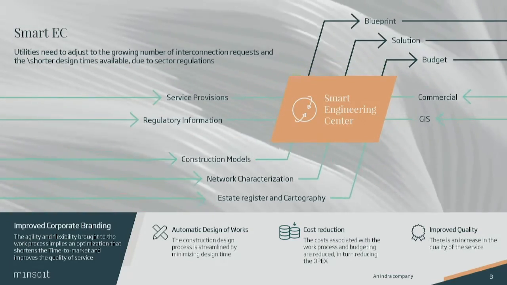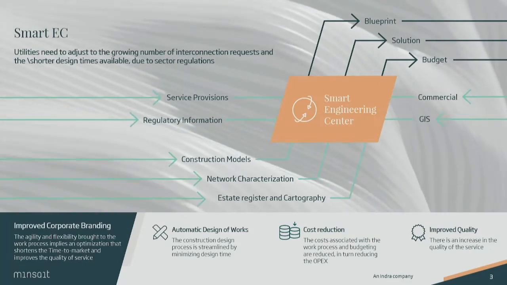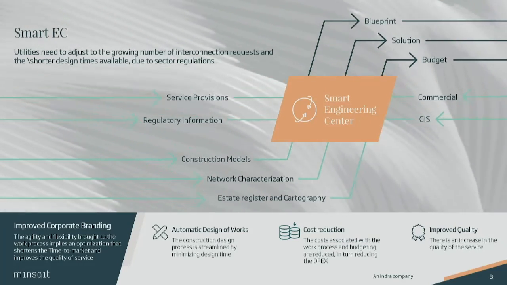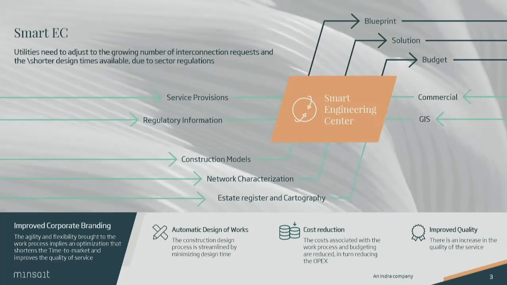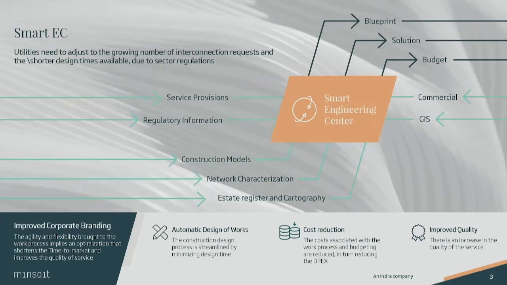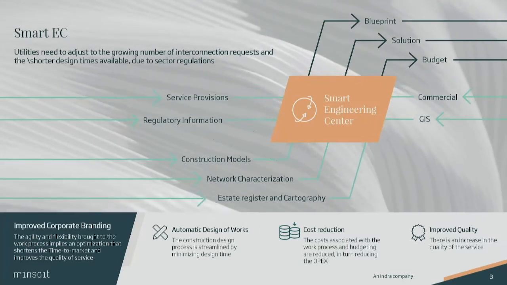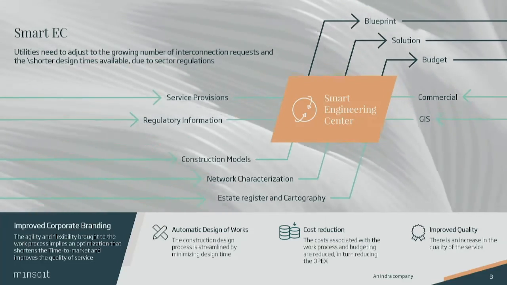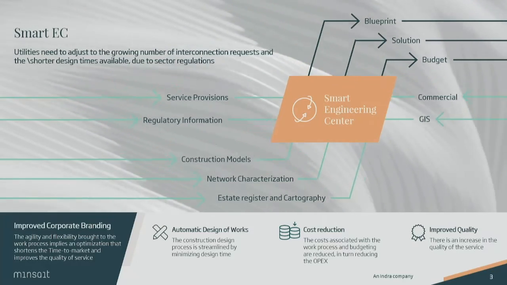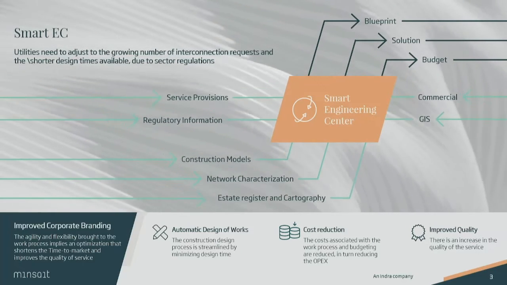The network characterization, so a specific area where that part of the network is to be extended. The state register and cartography, that is property of the county, for example. And then information from the GIS, information from the commercial system, because we get information from the customer. And the output is a blueprint, the final solution, and the budget.